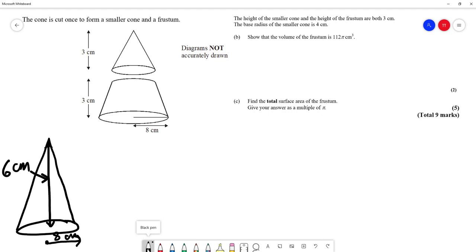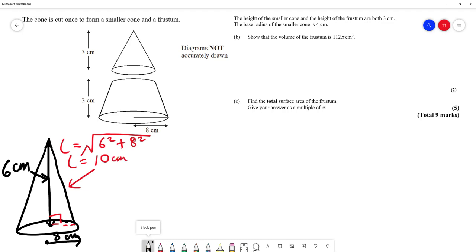So what we're going to do is say, well, it forms a right angled triangle. So I want to work out L. I can work out L by using Pythagoras. So that's going to be 6 squared plus 8 squared. So L, the slanted height for the large cone, will be 10 centimeters.